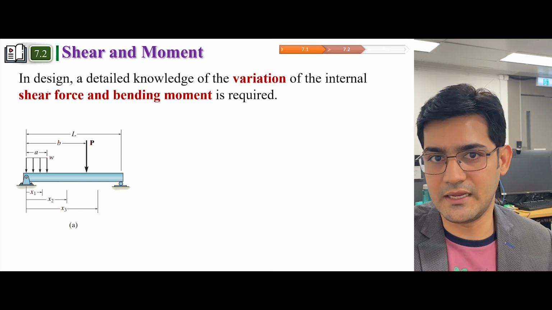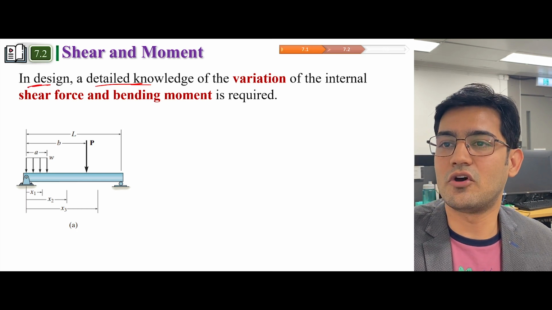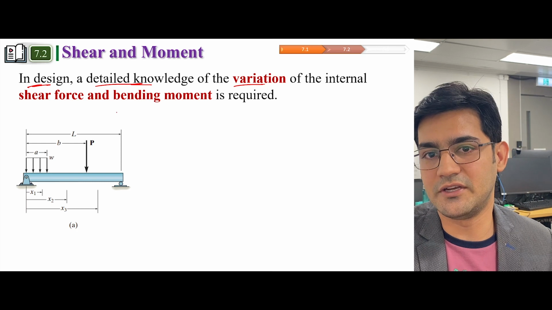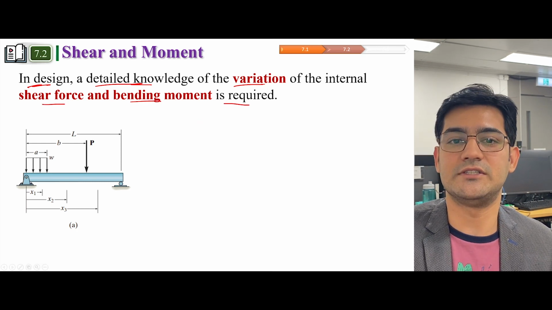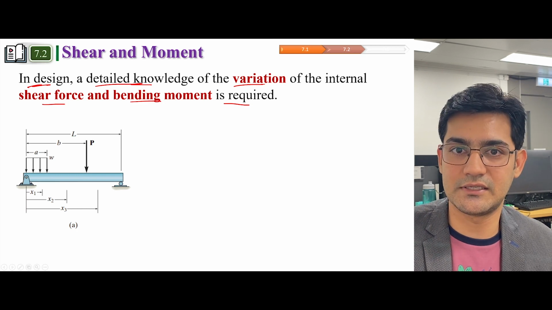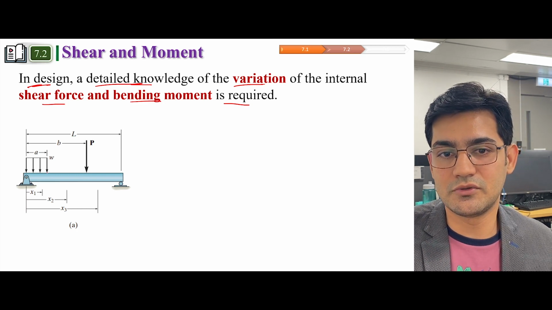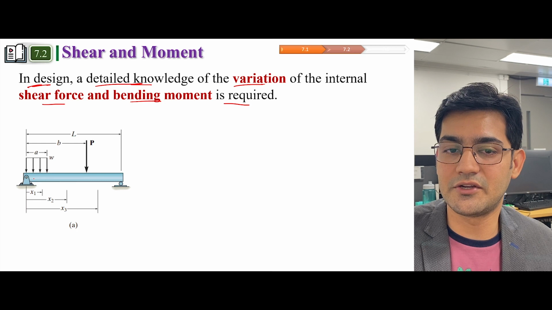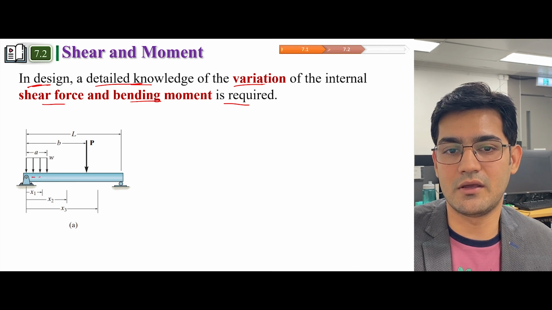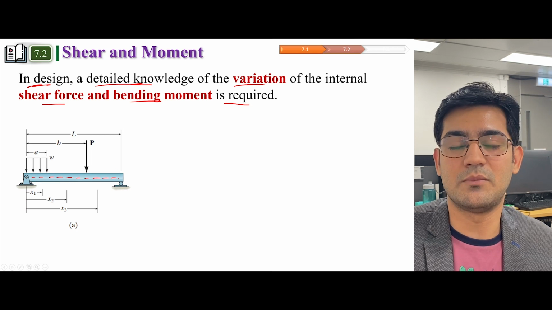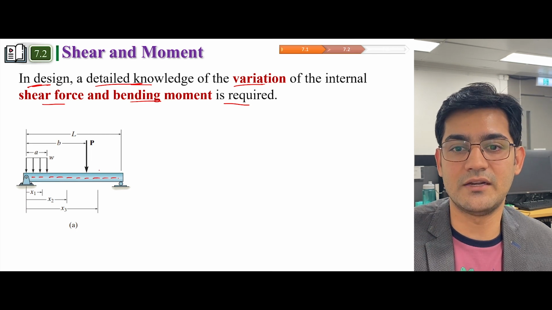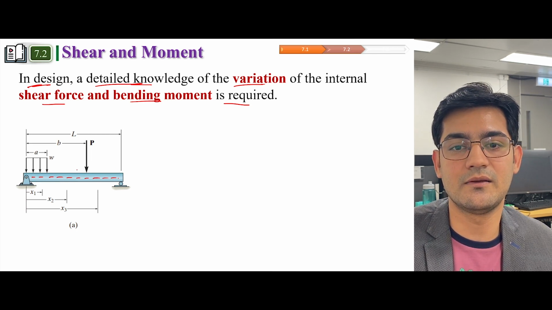Okay, so in design, a detailed knowledge of these variations of the internal shear force and bending moment is required. For example, if you want to design this structural member, you need to know the internal forces everywhere, along all the beam, because the method of sections helps us find the internal forces at any point.